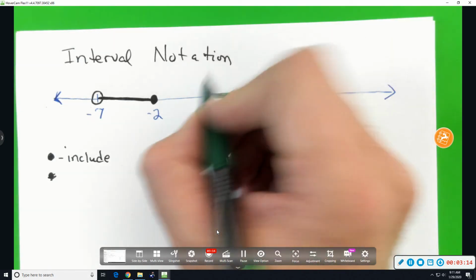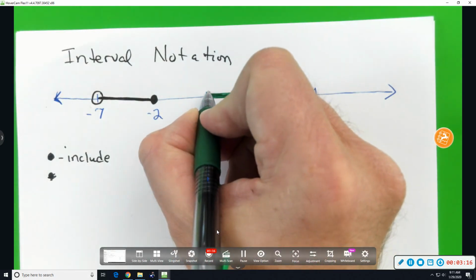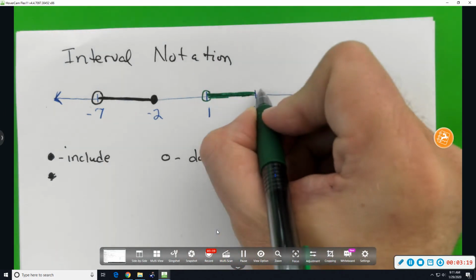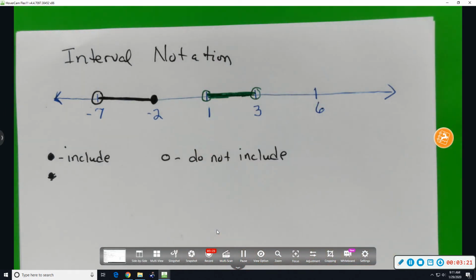And let's say, don't include either of those. So in the green interval, those are numbers between 1 and 3, not including 1, and not including 3. Don't think, well, it's just the number 2. No, it isn't. A lot of decimal numbers in there.